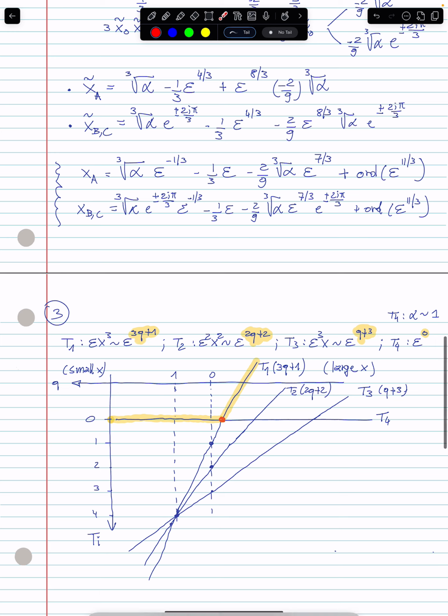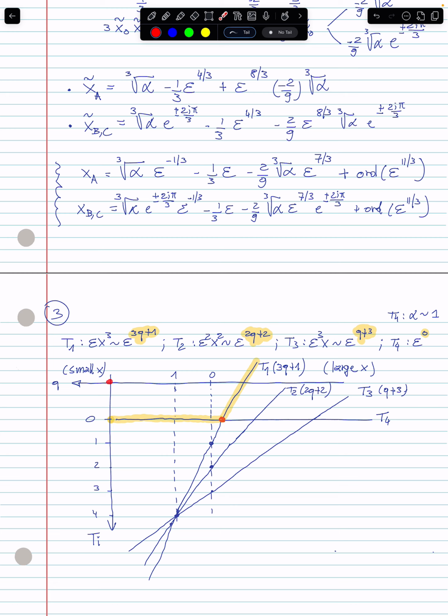For instance, if alpha was epsilon to the power -1, something large, we would still have a balance between T4 and T1. So if alpha's order of magnitude is much larger than what we had earlier, nothing changes.